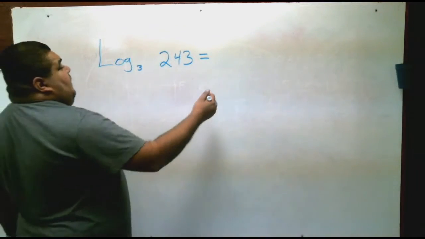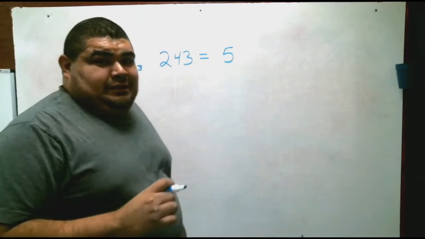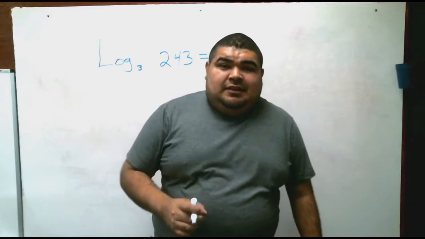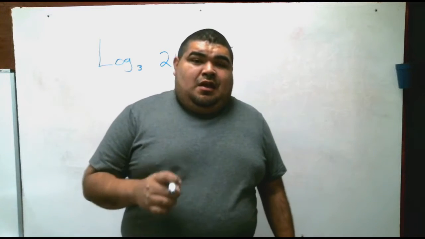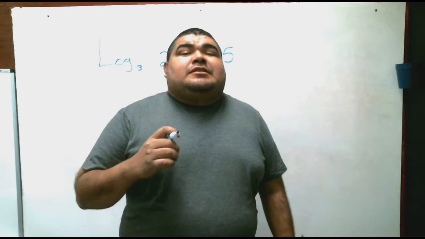The answer is 5. Notice how it's a little exponent, but instead of on the top, it has it on the bottom, okay? The rule is, when you're dealing with logs, if you want to create a log or if you want to disassemble a log, it's the same rule.